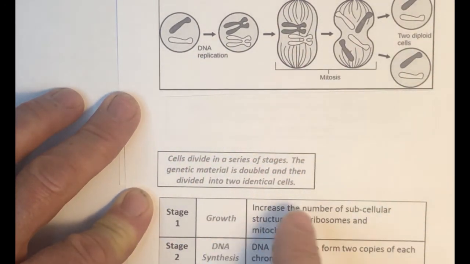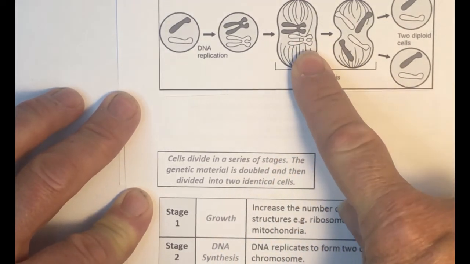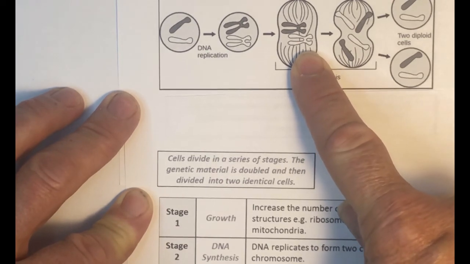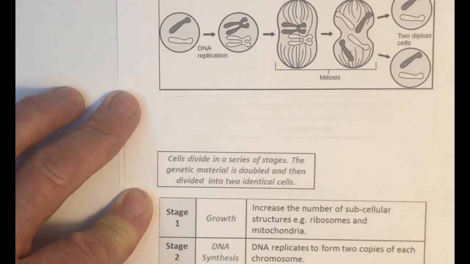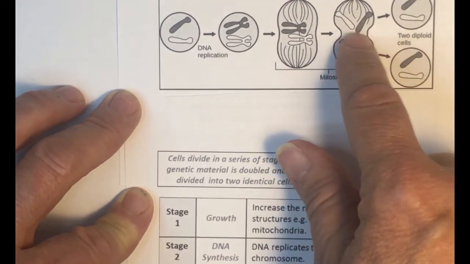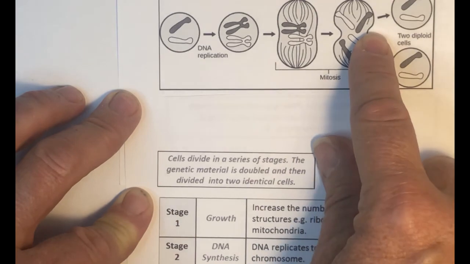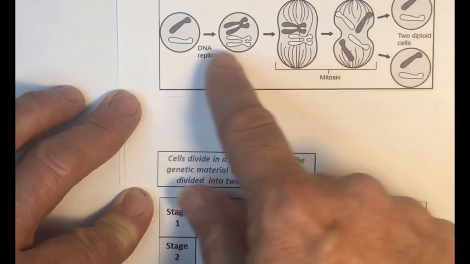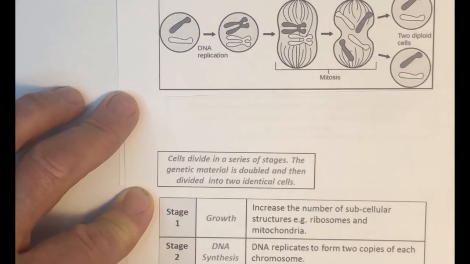Once the growth and the DNA synthesis has happened, you then have the mitosis process, where one set of chromosomes is pulled to each end of the cell and the nucleus divides. Then the cytoplasm and cell membranes divide to form 2 cells that are identical to the parent. So that is where the actual cell is closing in. 2 diploid cells that are identical to the parent.